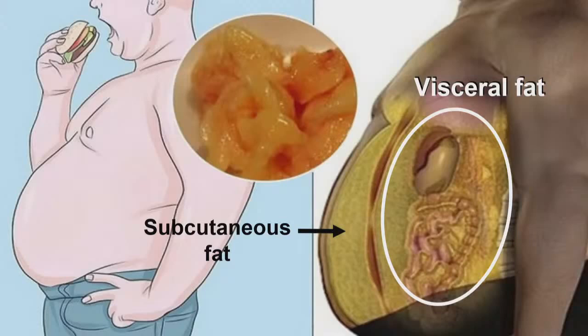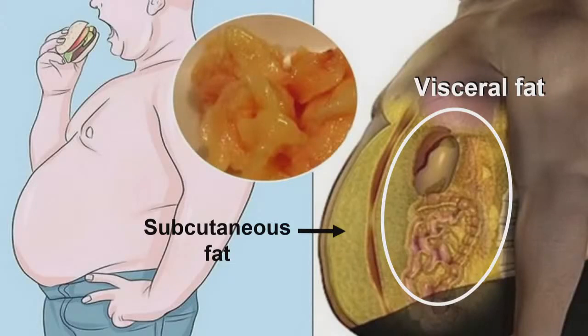So within that circle, you have the pancreas. Fat around the pancreas is going to increase the risk of diabetes. Again, within that circle, you have the kidneys. Renal failure. Fat around the kidneys. You also have the gallbladder, gallstones. You also have the liver.